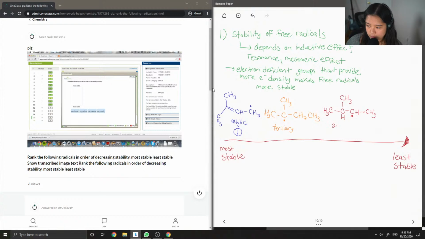Okay, so secondary free radicals are when the carbon that has the free radical is connected to 2 other carbons and 1 hydrogen.